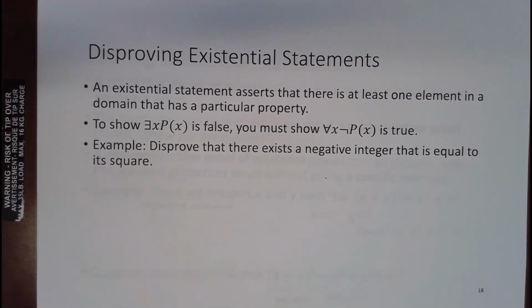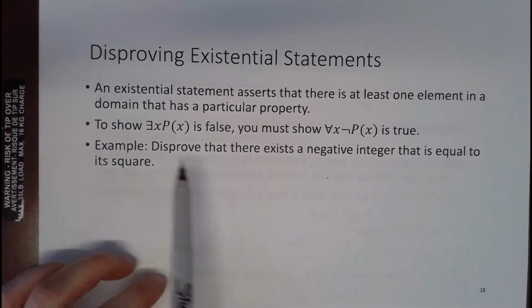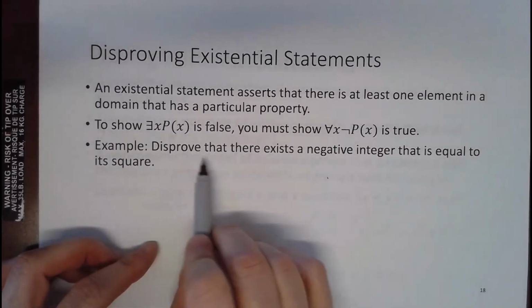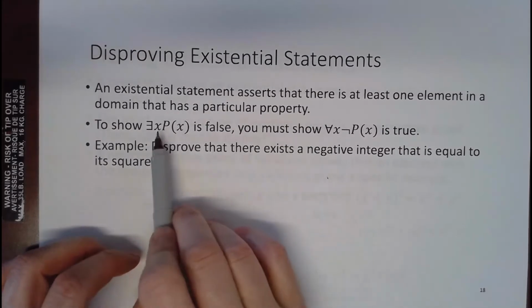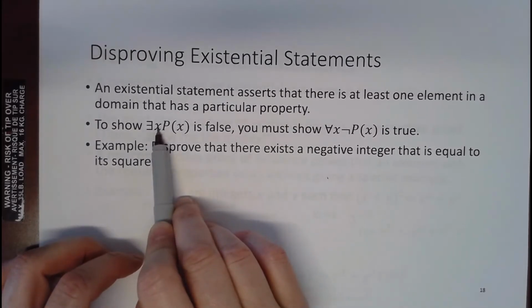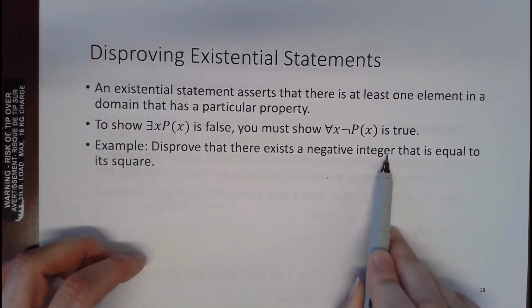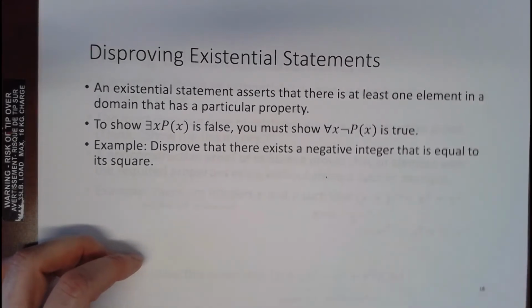So, for example, suppose we wanted to disprove this statement: there exists a negative integer that is equal to its square. So x would have to be a negative integer, and the predicate is that the integer is equal to its square.